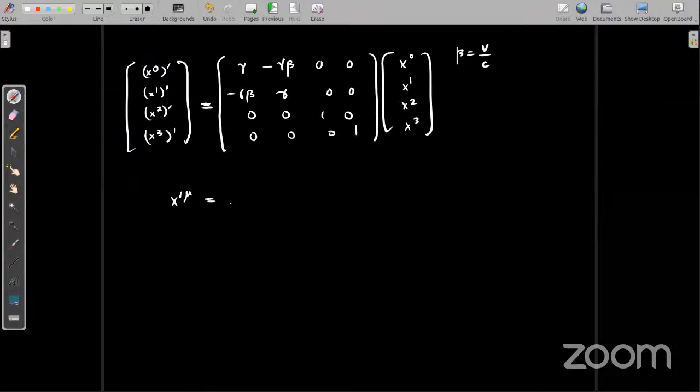Since it's a matrix, we'll call it M. M for matrix, mu nu, X nu. That's it. I'll put the summation as well, where the summed index is nu from 0 to 3.